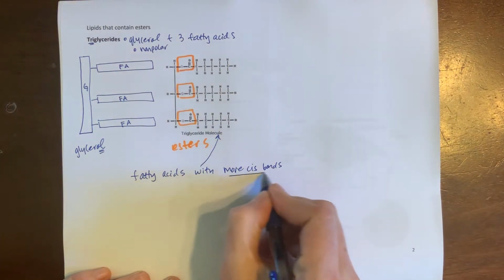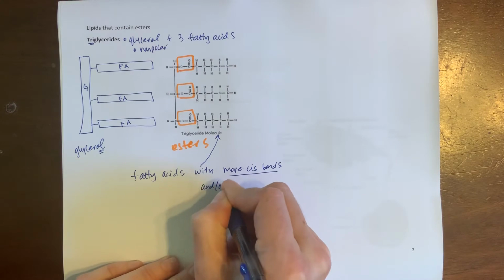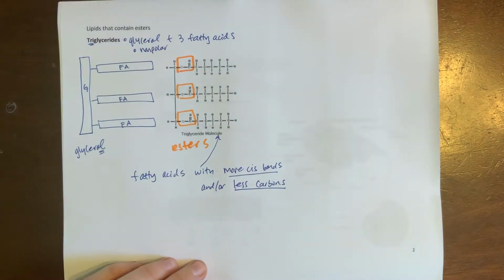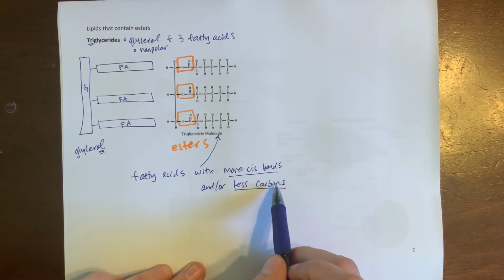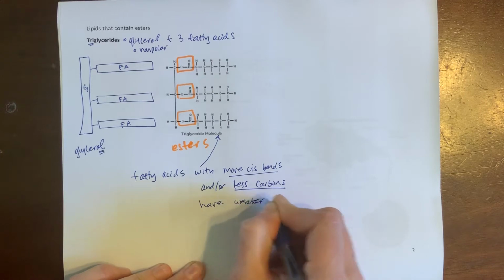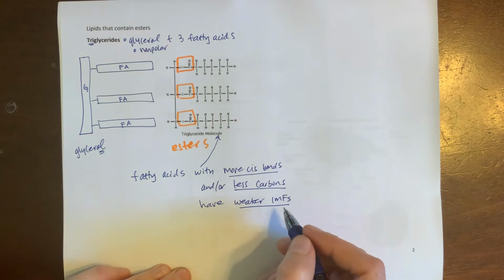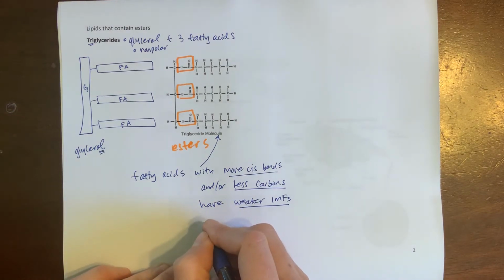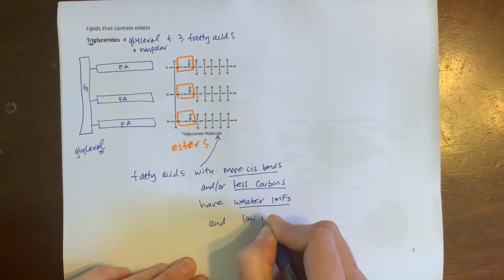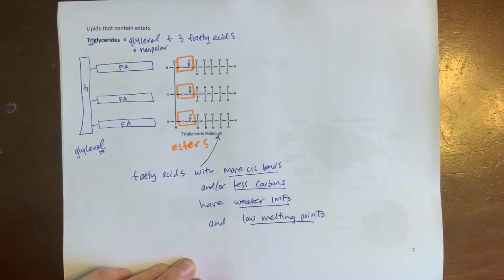So if I have more cis double bonds or less carbons, then if I can remember cis double bonds and less carbons, that means that I have weaker attractions between molecules or weaker IMFs. If I have weak IMFs, then I also have relatively low melting points, and boiling points.